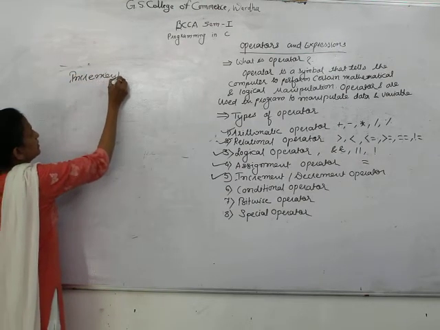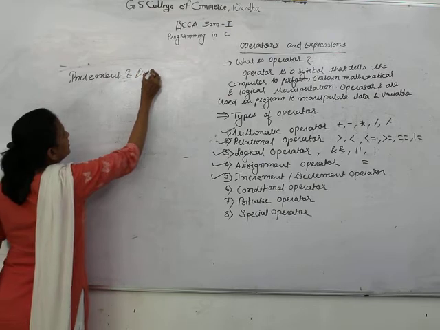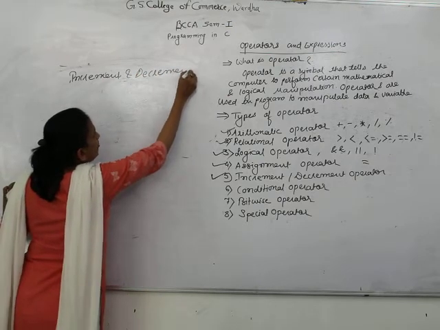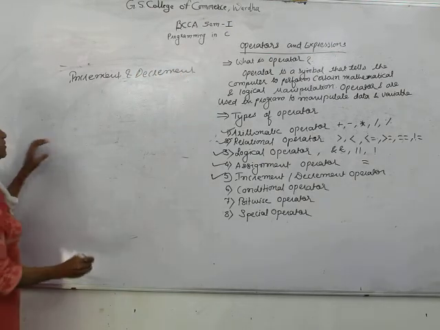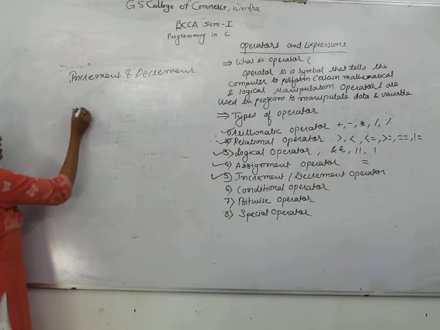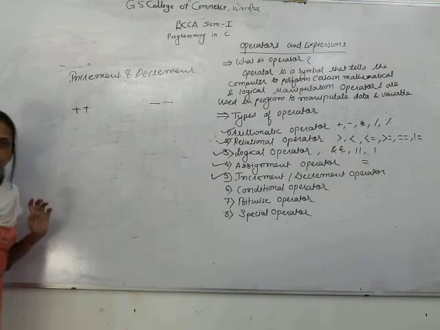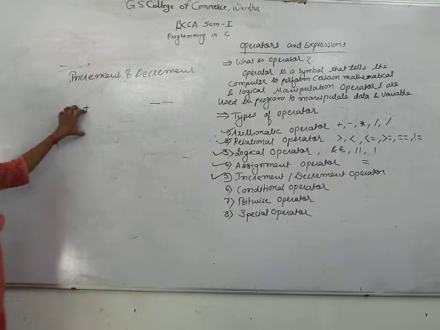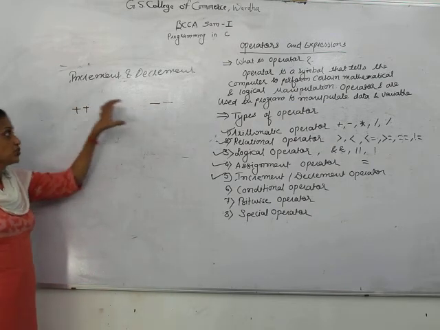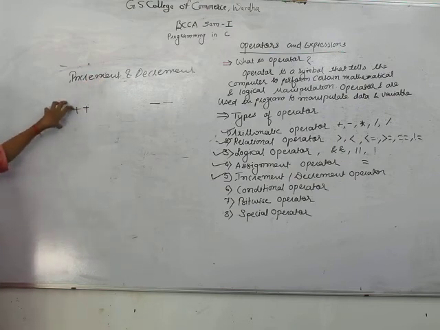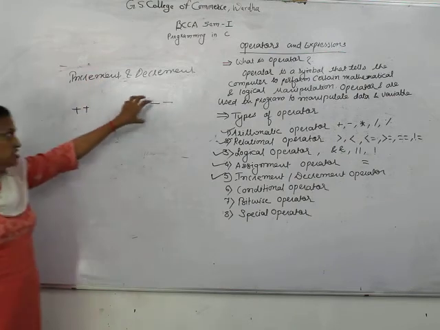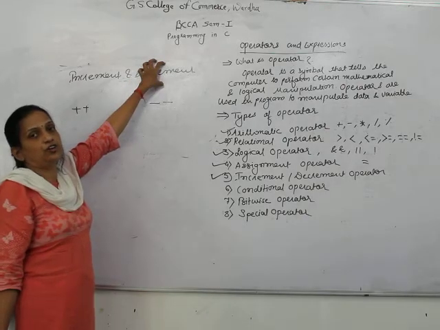Increment is plus plus and decrement is minus minus. So plus plus is used as an increment operator and minus minus is used as a decrement operator.